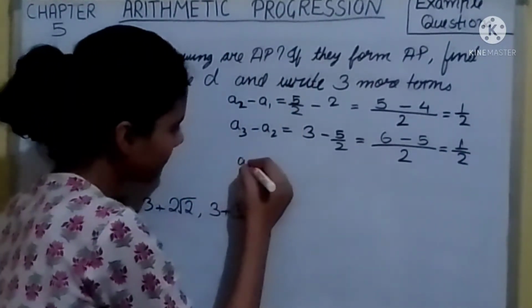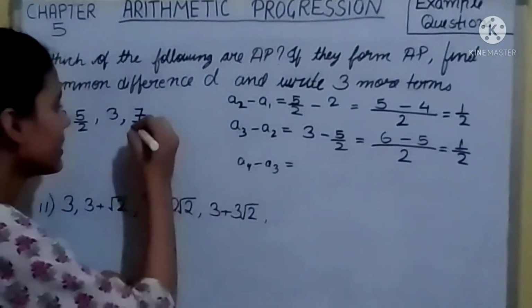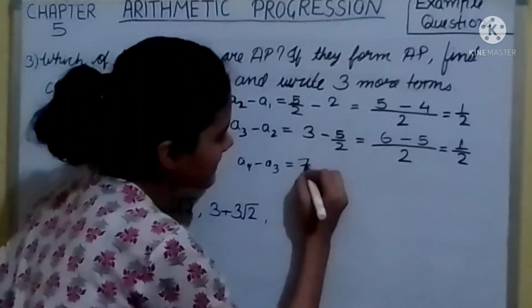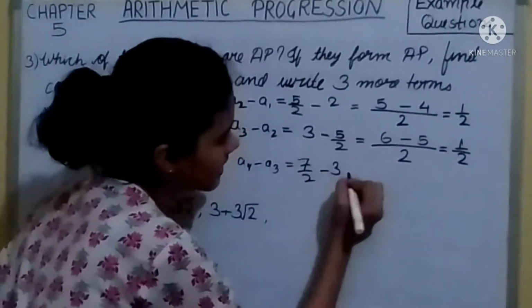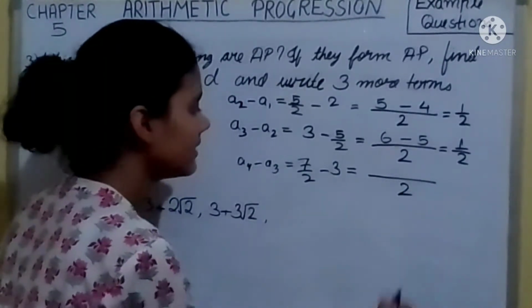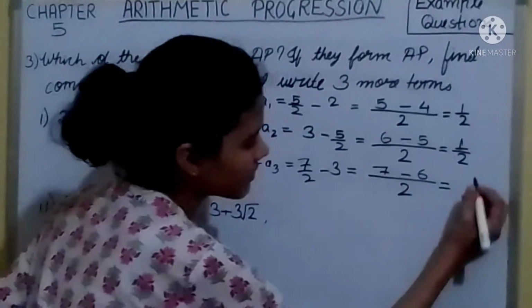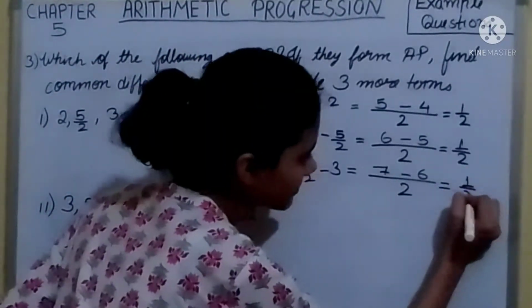Then a4 minus a3. a4 is 7 by 2, so 7 by 2 minus 3. So 2 is the LCM, 7 minus 6 is equal to 1 by 2 again.